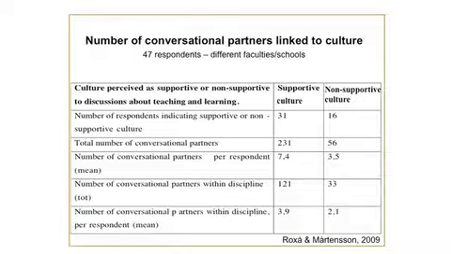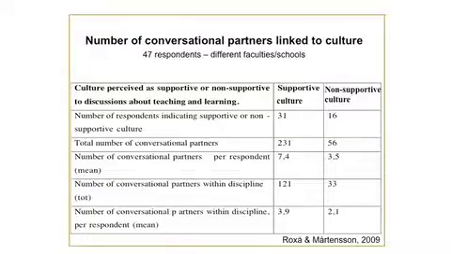What we did was a survey, a little bit more rigorous than the one we just did here. People responded with a number of conversational partners, as well as whether they found their local teaching culture supportive of this kind of conversation or not. If you look here at the top, if people experience their local culture as supportive, they have basically twice as many conversational partners within their discipline as if they experience it as non-supportive.